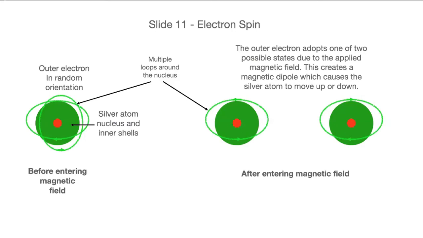But at the point at which it's passed through the magnetic field, it can only adopt one of two possible orientations, illustrated on the right-hand side, which is clockwise or anti-clockwise. And because of that, it forms a magnetic dipole, and this will cause the atom to move up or down, as revealed by the experiment.